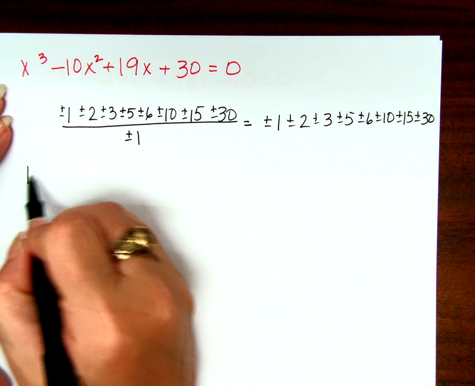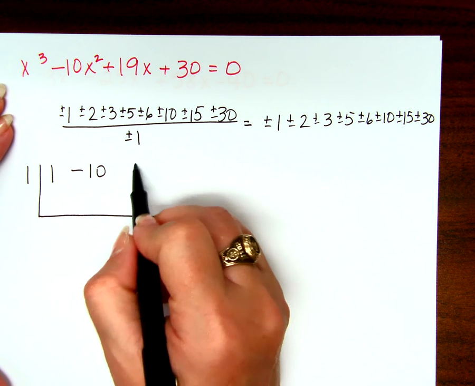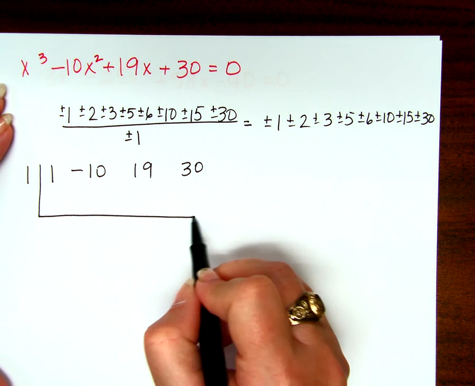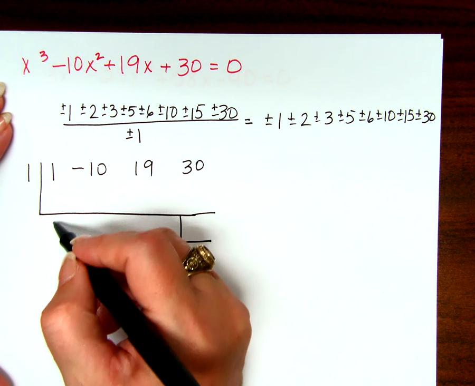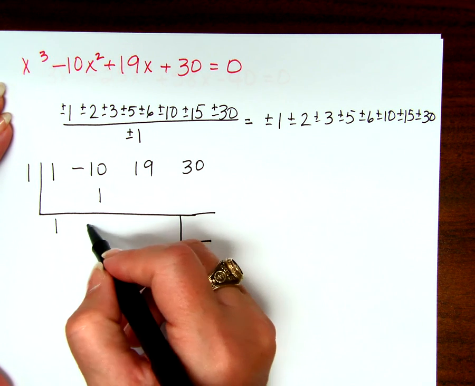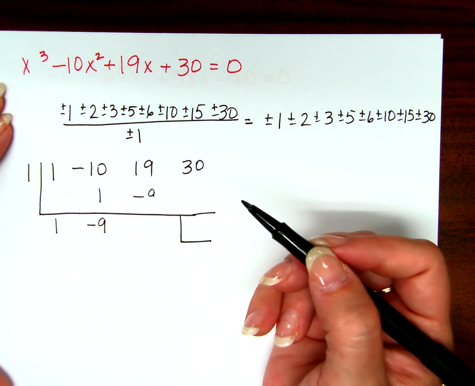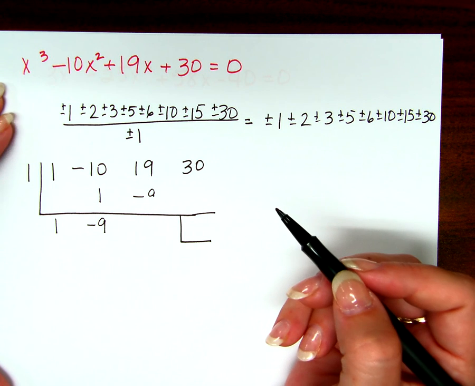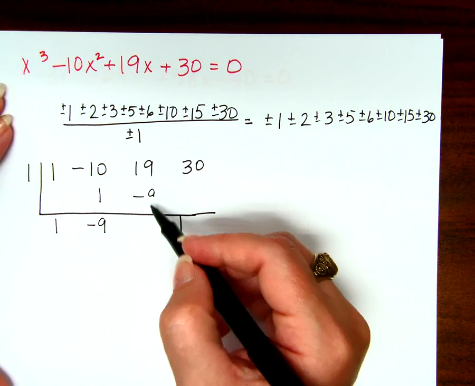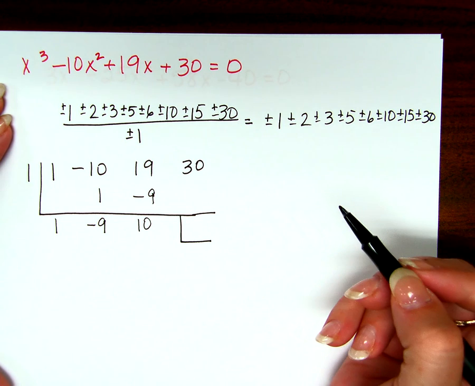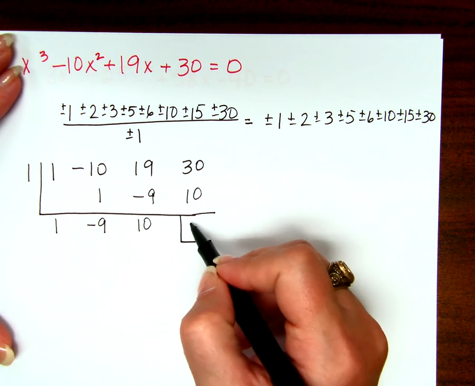1, okay. 1, negative 10, 19, and 30. What are we hoping for? A 0 in my remainder box, right? 1, 1, negative 9, negative 9, 10, 10, dang.